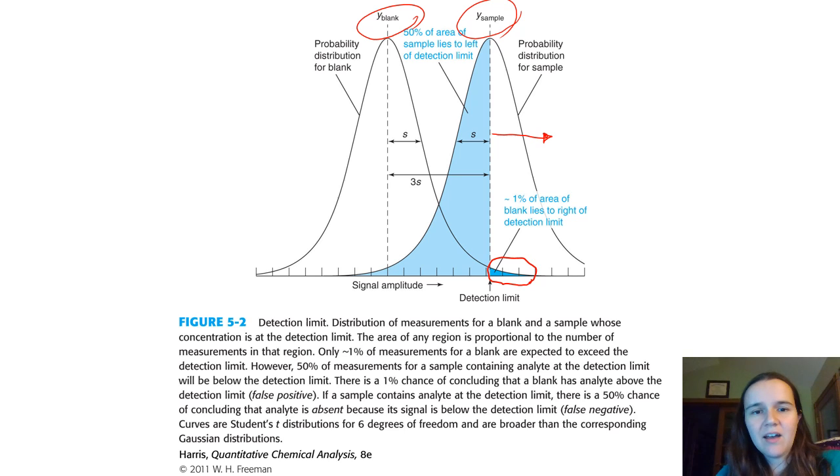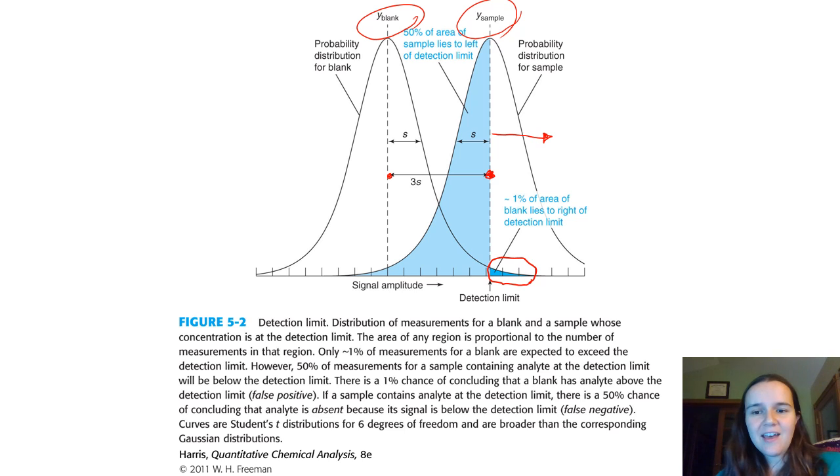If you have the average values, so this is your average blank right here, and you have your average sample value, if those are 3 standard deviations away from each other, then only 1% of the area of the blank lies to the right of the detection limit. And so that means that if you say that your sample has a concentration greater than the detection limit, being right here, detection limit is blank plus 3S, then you're only wrong 1% of the time.